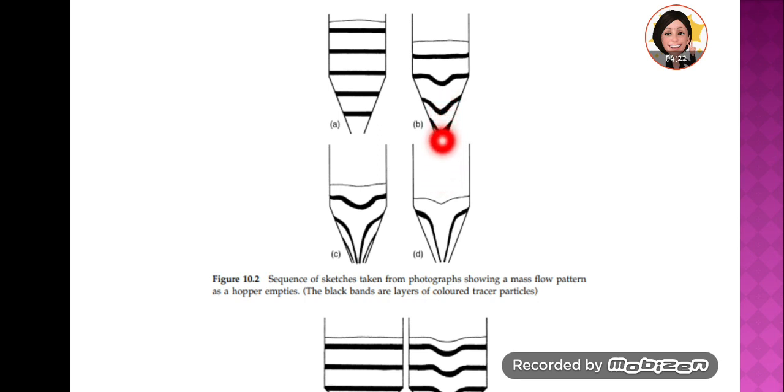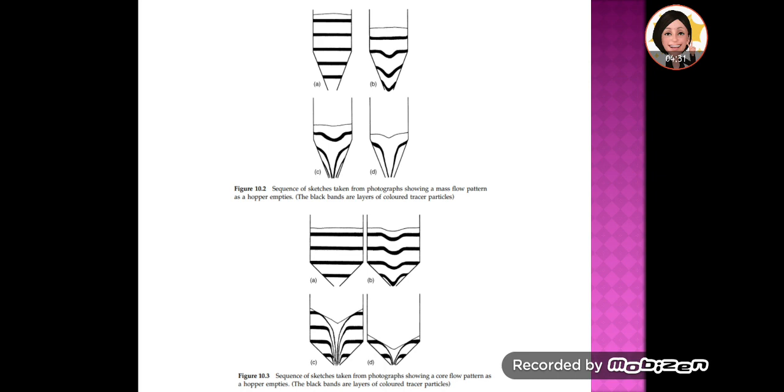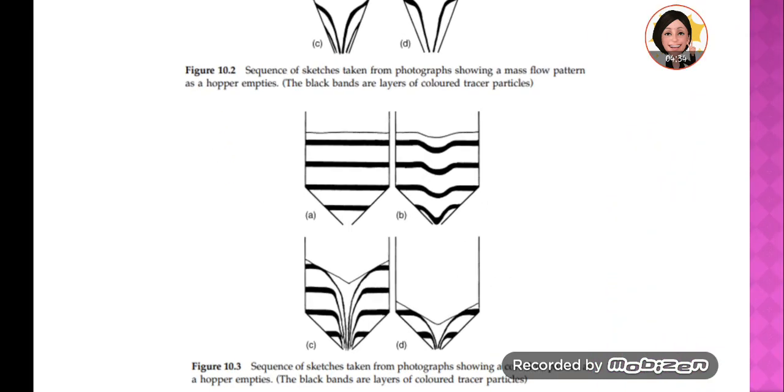So it follows its turn until finally all the particles are discharged. As in the core flow pattern, if you have particles in different layers, the middle part will start to flow first. So it will start flowing out, and finally the first layer that went in will be the last layer to leave the hopper.